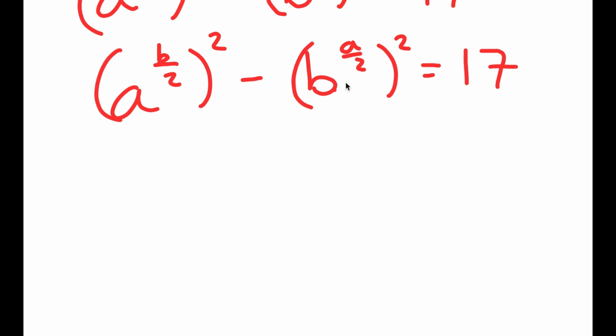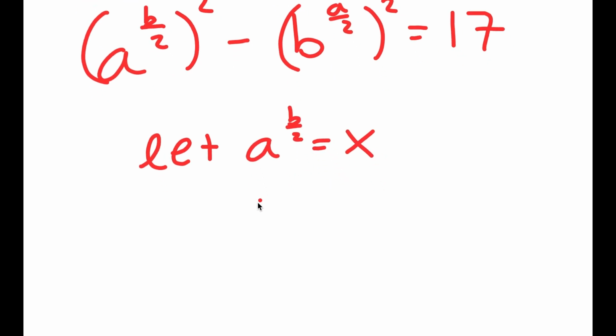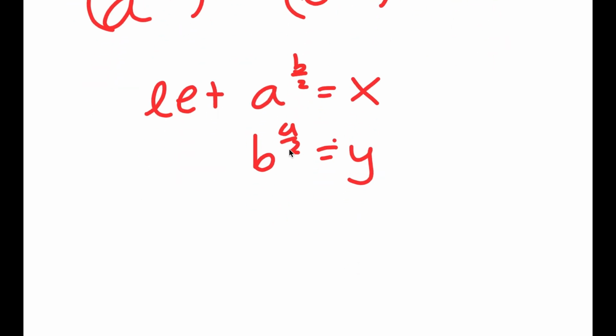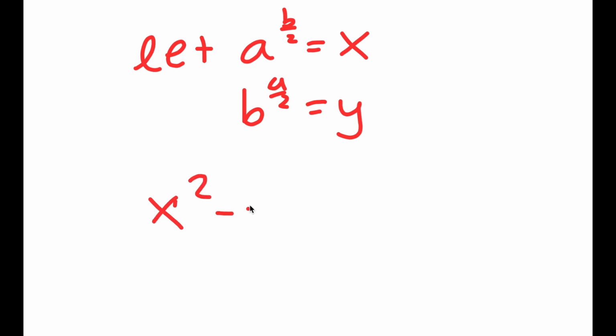Now, I'm going to simplify this a little bit. So what I'm going to do is let a to the power of b over 2 equal to the variable x and b to the power of a over 2 equal to the variable y. So this way it's just not as complicated. So if I substitute in these respective values, I get x squared minus y squared is equal to 17.